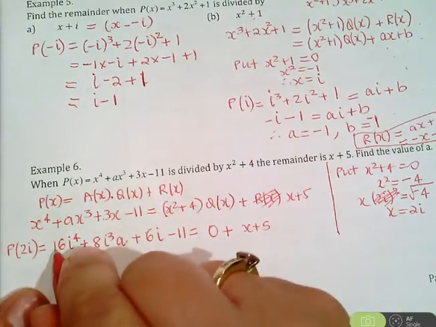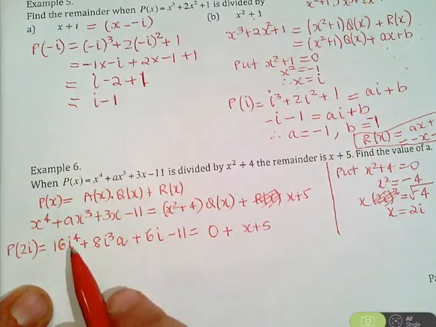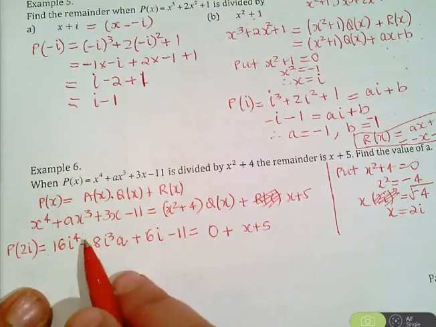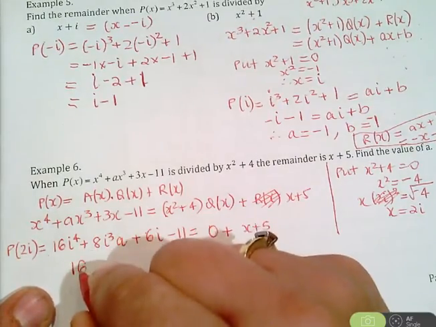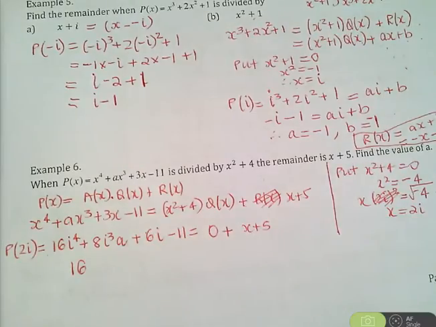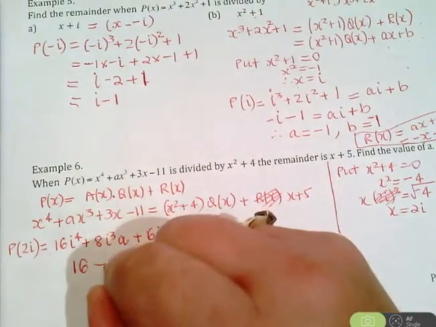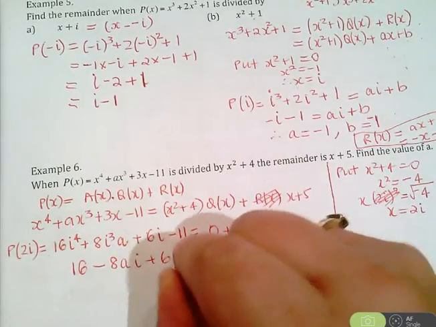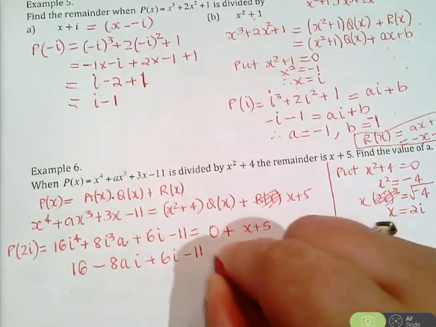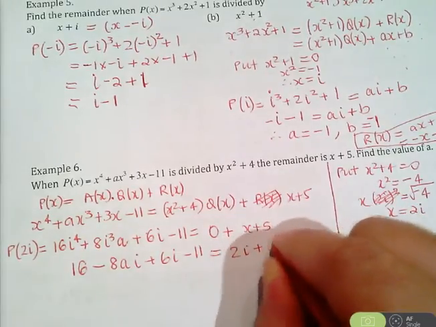And just working out what this is, 16 times i to the power of 4. i squared is negative 1, so it's negative 1 times negative 1 is positive 1. And we get 16. And we know that i cubed is negative 1 times i, which is negative i, so we've got minus 8ai plus 6i minus 11 is equal to, remember we're substituting x is 2i, and we get 2i plus 5.